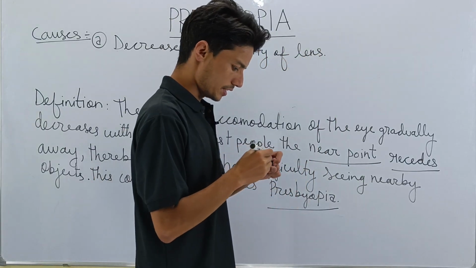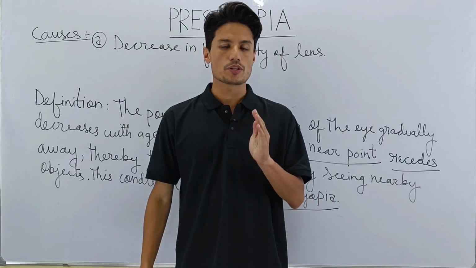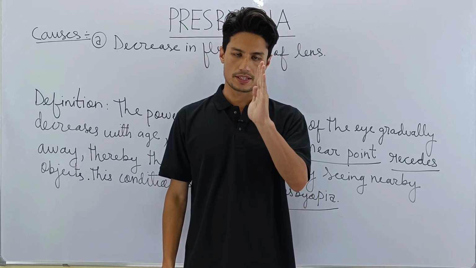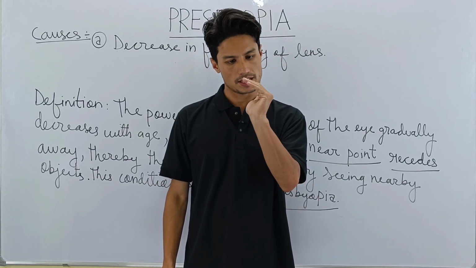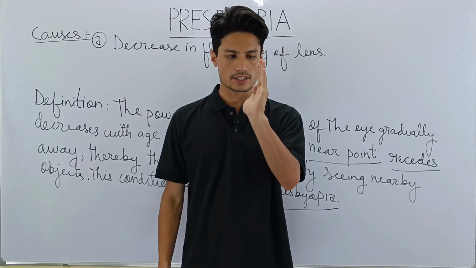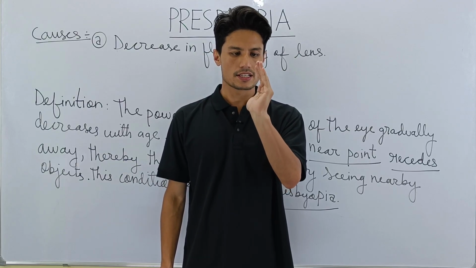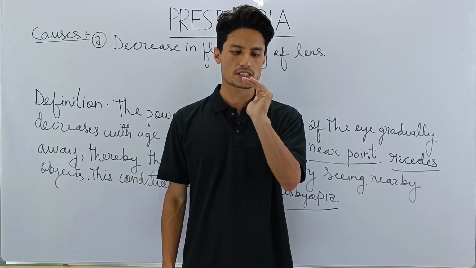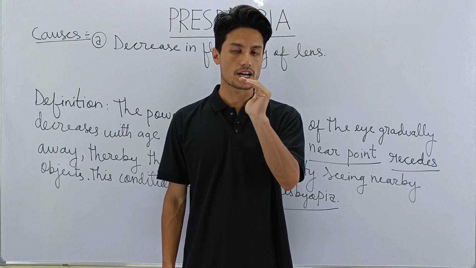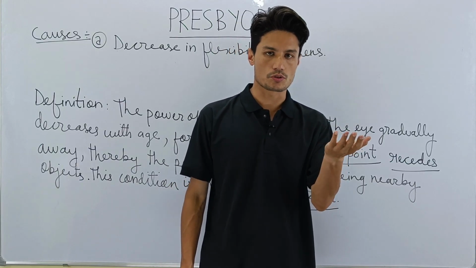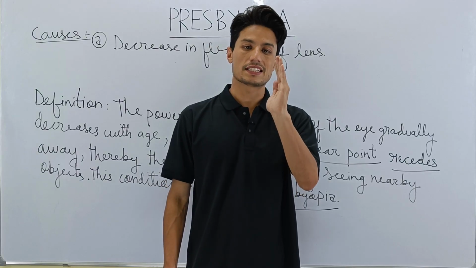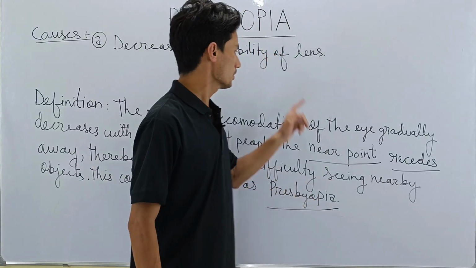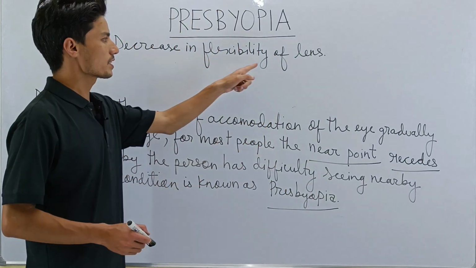I already told you earlier that when you are young, your eye lens can be like this, like this, like this. This flexibility is there: increase the curvature, decrease the curvature, increase the curvature, decrease the curvature. This flexibility of the eye lens is there when you're young. But if you grow old, this flexibility decreases. So point number one, decrease in flexibility of the eye lens.